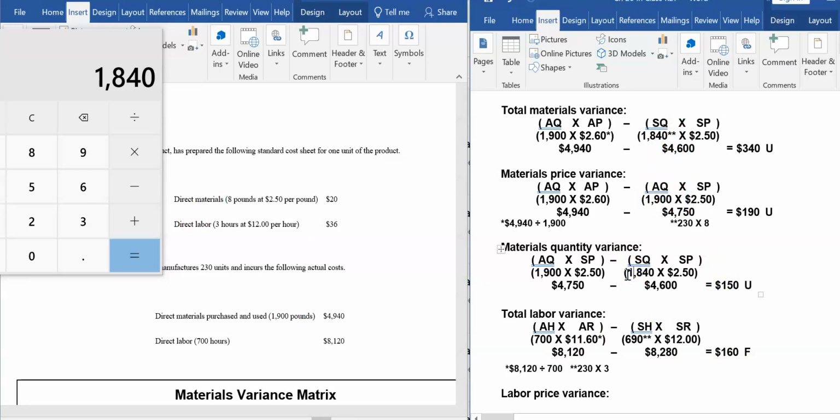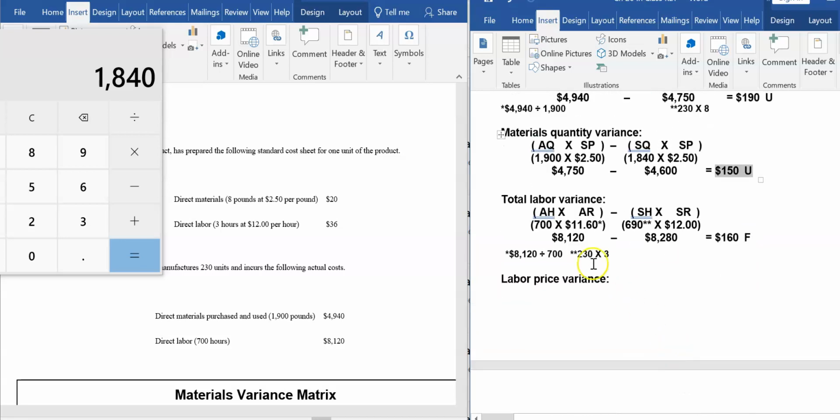Okay, so we have the total materials quantity variance of 150, and that is also unfavorable because we actually used more quantity than what our standards say we should have. Total of $150 worth more. So our total materials variance is really a combination of two different variances: an unfavorable materials price variance and an unfavorable quantity variance. Okay.